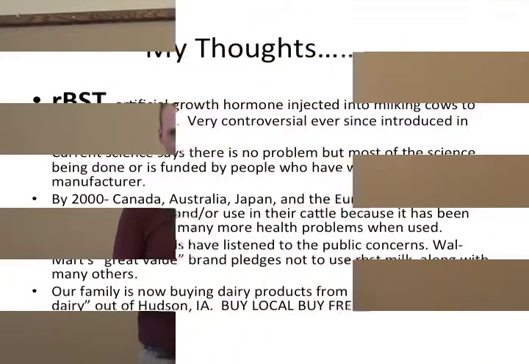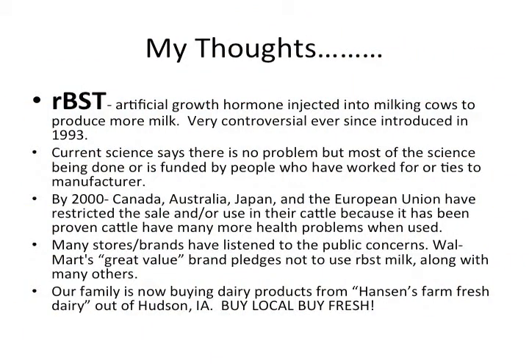There are a few chemicals that I want to talk about that I think are real problems. They haven't really been proven by science yet to cause any problems, but based on my education level, I think that they're going to become a problem. Number one is rBST, which is the artificial growth hormone that is mainly injected into milking cows.